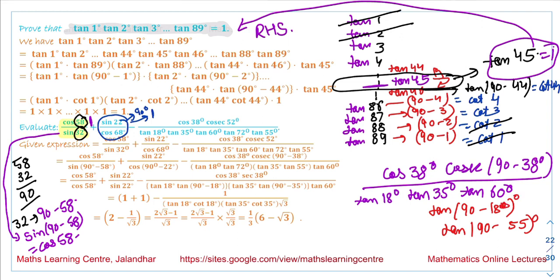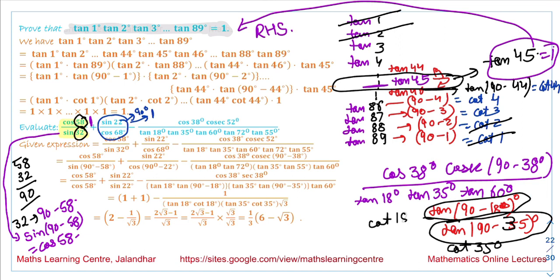What is 90 minus 35? When we take 90 minus 35 degree, this term will become cot 35 degree, and this term will become cot of 18 degree. Tan and cot get cancelled, and in the denominator we have tan 60, and the value of tan 60 is square root of 3.